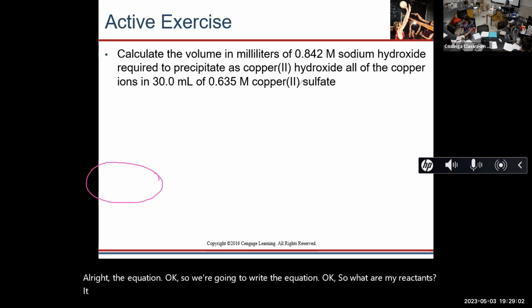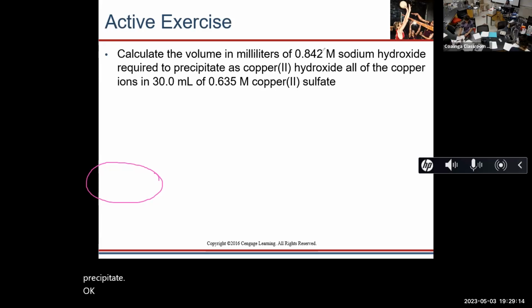It says calculate the volume in milliliters of 0.842 molar sodium hydroxide required to precipitate. So the first thing that I know that I have is sodium hydroxide, so that's going to be one of my reactants.